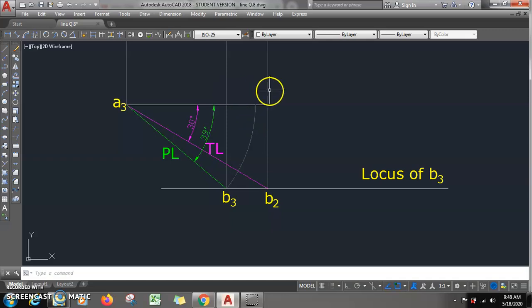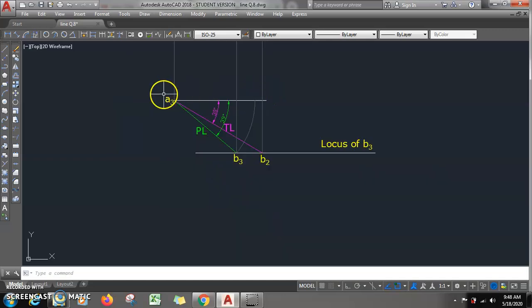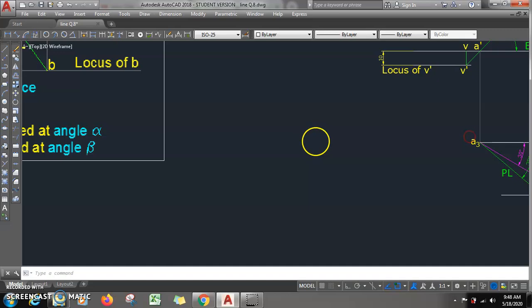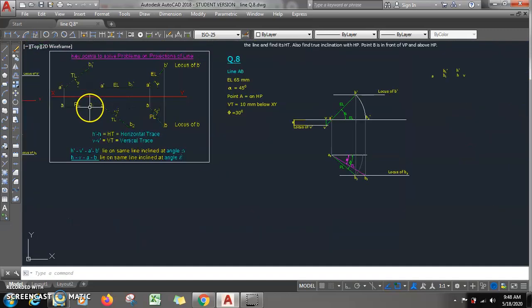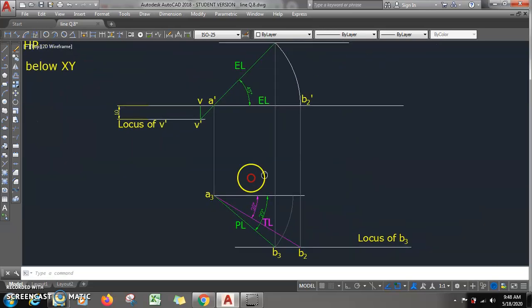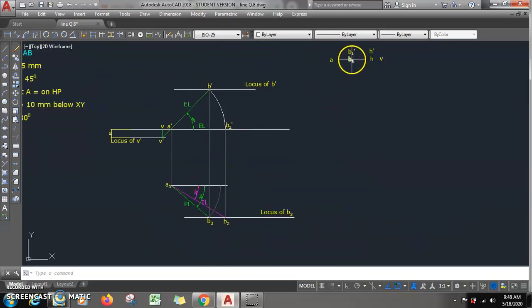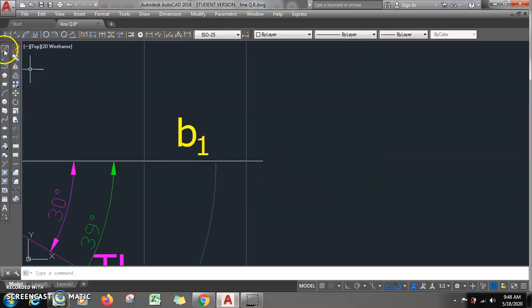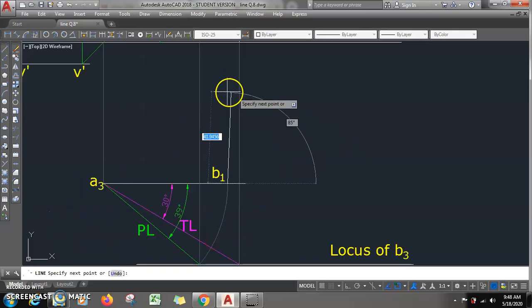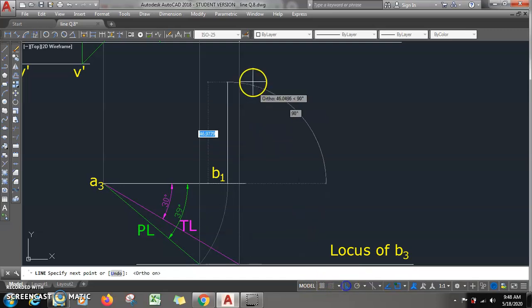Okay. So this point is what? This point is B1, which is going to give you B1 dash. So where is B1? This is B1. So this point is B1. Okay, and if I draw a vertical, ortho mode should be on.